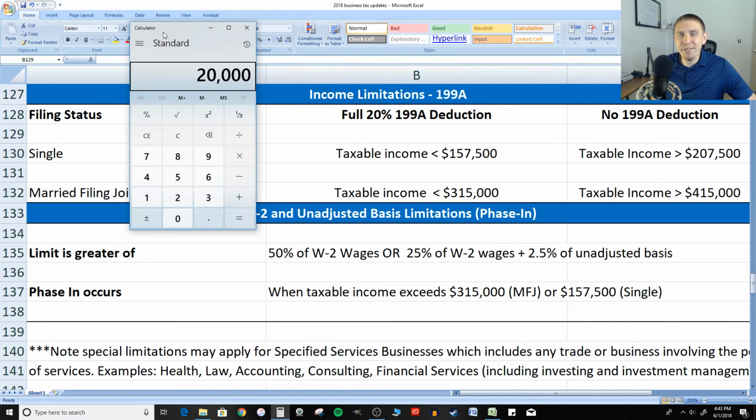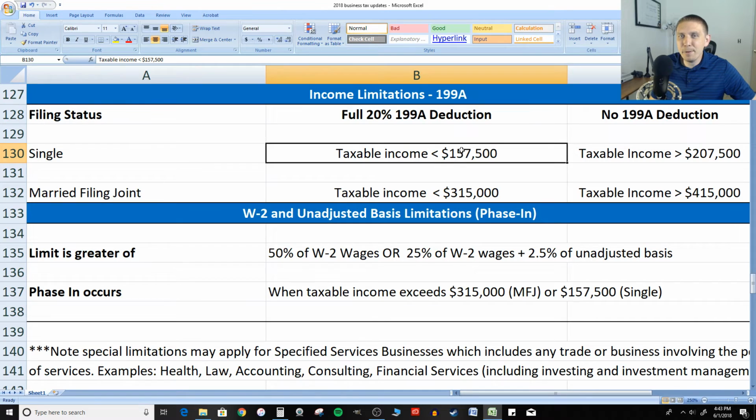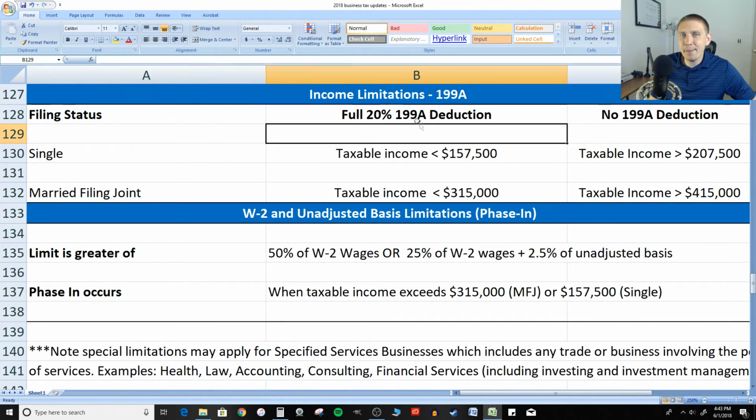You get a huge tax savings right there, because that's a lot of money that no longer has to go to the IRS. The good news is that most people's income is going to be below these limits, so I would expect most people who own a business to be able to get the full 20% 199A deduction. It's just the very wealthy, the people who are very well off, who will not be able to get the full deduction, or it will be a limited deduction.